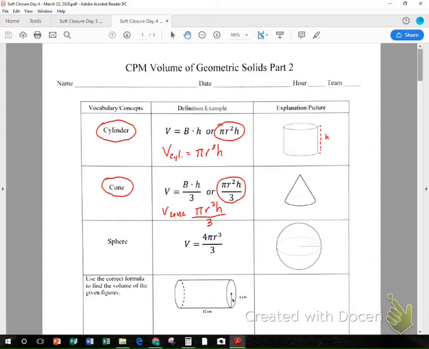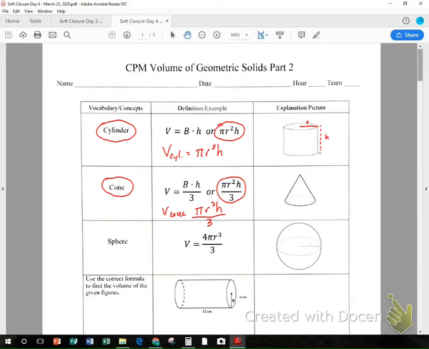When we're talking about height, we're talking about the distance between the circular bases. And the radius goes from the center out to the edge of one of those bases. The circle part, that's the radius. Now, some of them will give you diameter. Remember, if it's diameter, you have to cut it in half to find the radius.